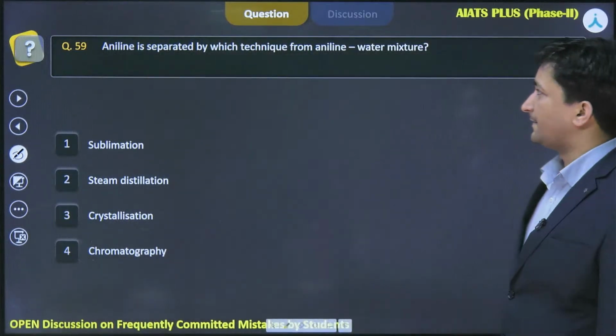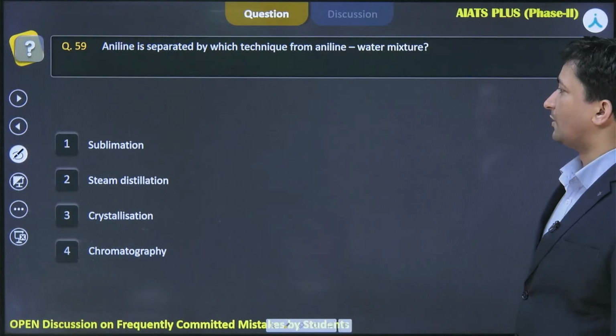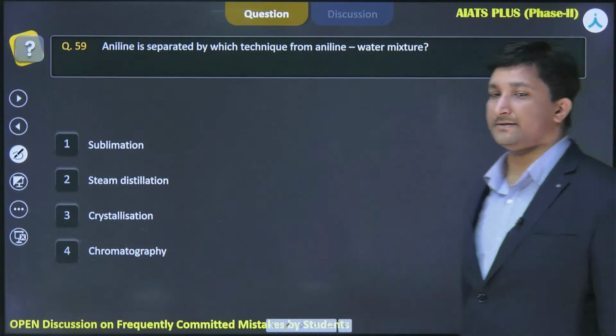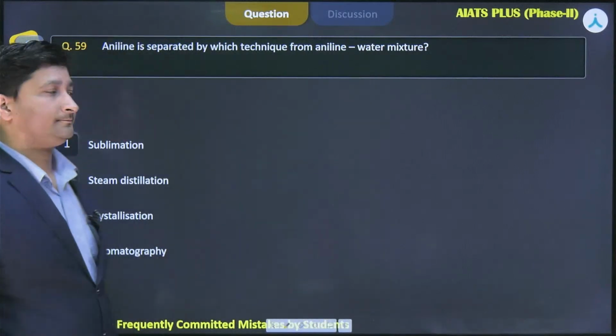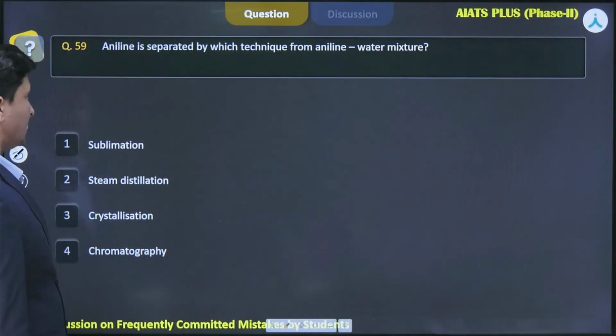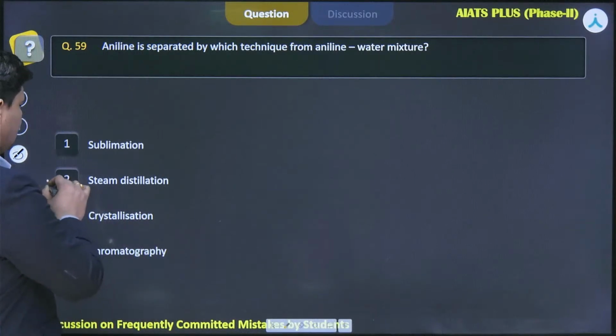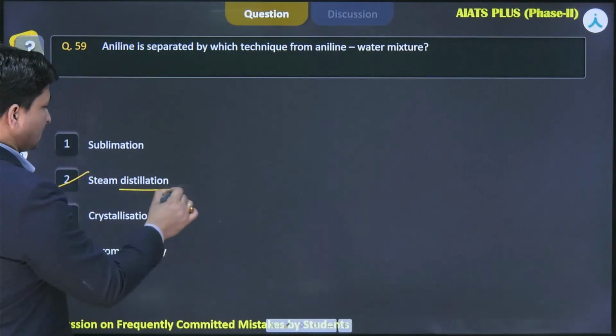That aniline is separated by which technique from aniline water mixture? Yes, बताइए आंसर. तो यहाँ पर अगर आप ध्यान देंगे तो आंसर हो जाएगा स्टीम डिस्टिलेशन. And you know I am going to discuss about distillation.